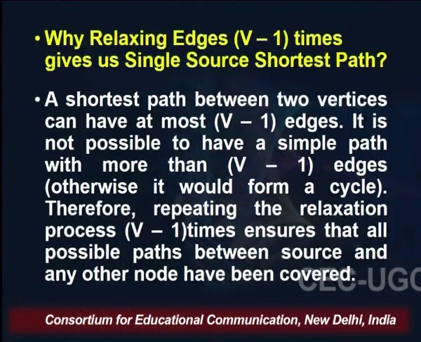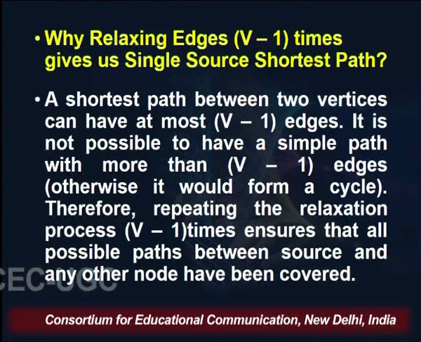Now exactly what is happening? After the initialization, the process is relaxation. Relaxing the edges V minus 1 times is going to give us the single source shortest path. How? A shortest path between two vertices can have at most V minus 1 edges. If there are V edges, then it is going to give us a cycle.